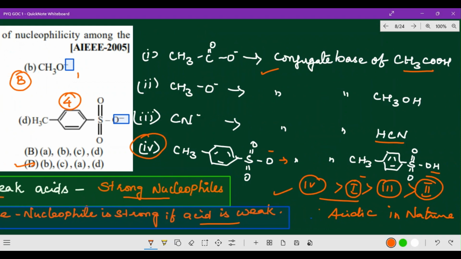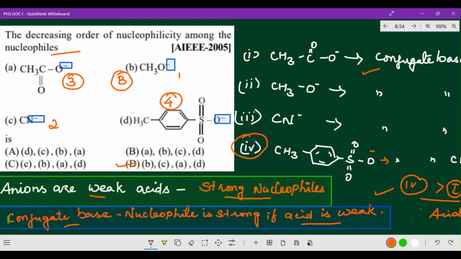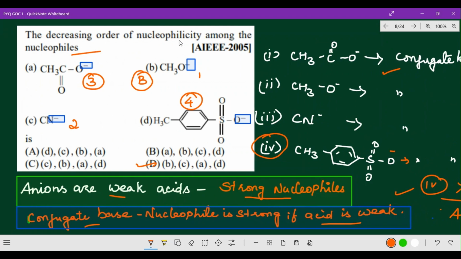Now in this question, I have given the correct option for the decreasing order of nucleophilicity: methoxy ion first, cyanide ion second, third the carboxylate ion, and the last the sulfonate, which is very weak as a nucleophile. So from higher to lower, B C A D. Hope you got the clarity.